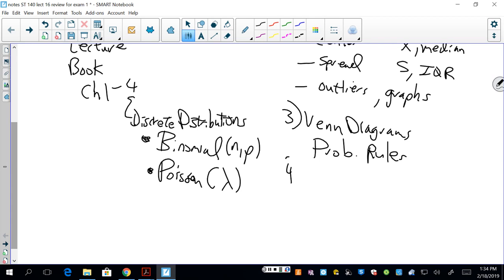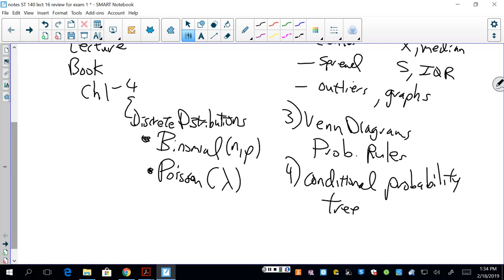There was some conditional probability, making a tree, doing something with Bayes' rule, and inverting a probability from conditioning on one thing to going the other direction.